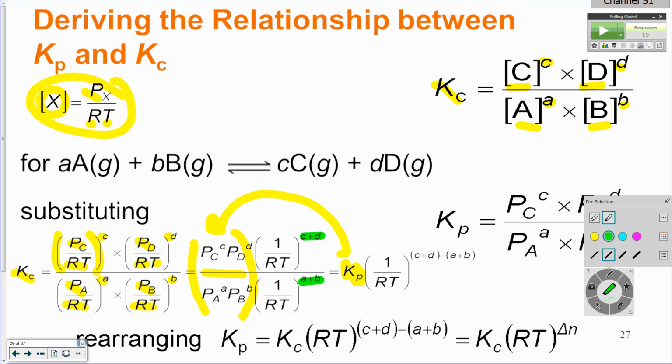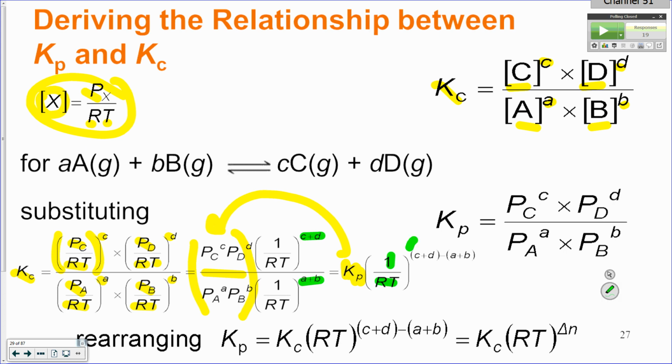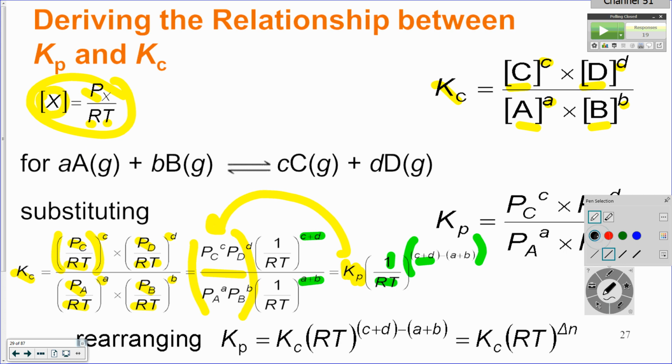So if I put those two things together, it's the inverse of RT raised to the power of c plus d, minus the summation of little a plus b. So now when you rearrange that, this is where it comes down to the bottom.